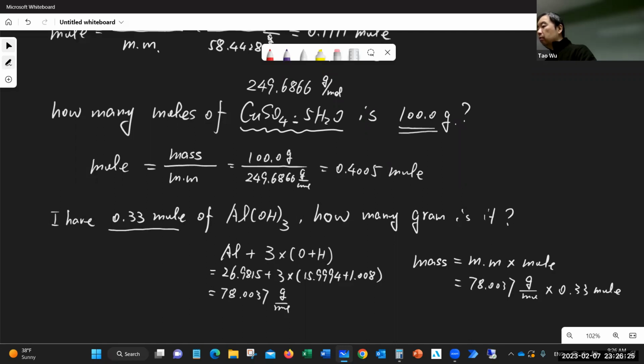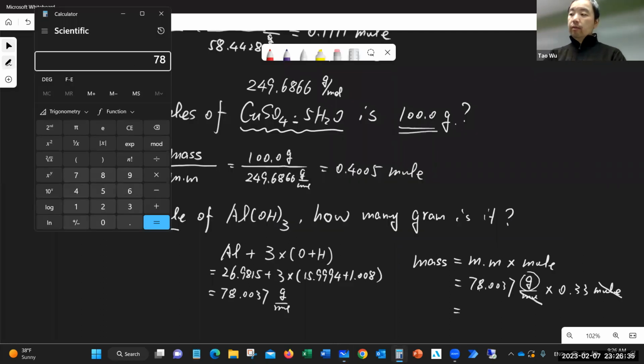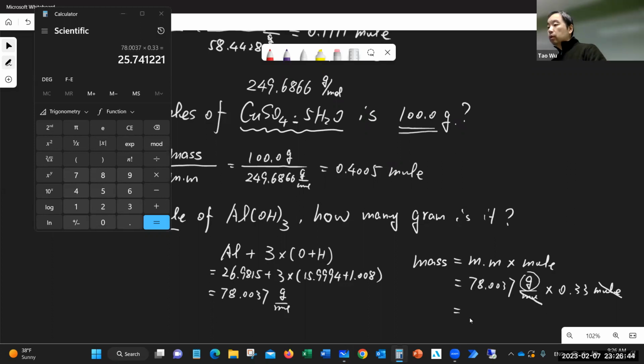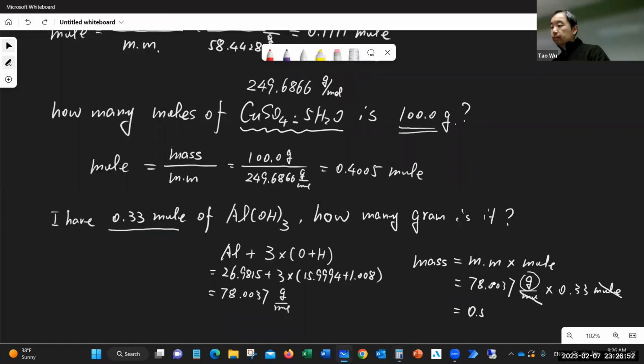You can see this mole and this mole cancel, so the leftover unit is gram. 78.0037 multiplied by 0.33, we got 25.74 gram.